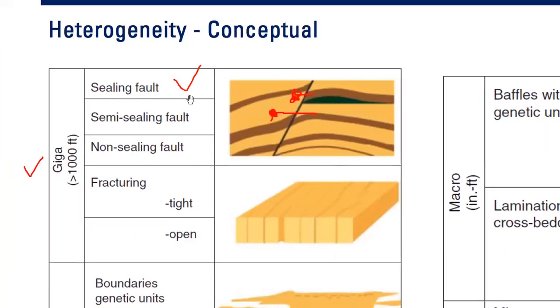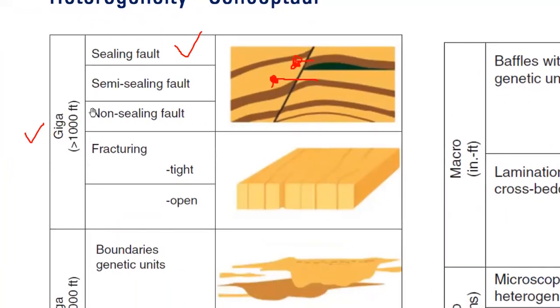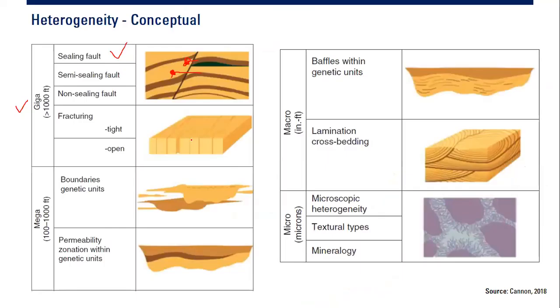But the fault can also be semi-sealing or non-sealing, and giga scale heterogeneity can also occur due to fracturing. Maybe you have a naturally fractured reservoir. The fracture can be tight or can be open, but whatever the fracturing is, it will be the source of heterogeneity.